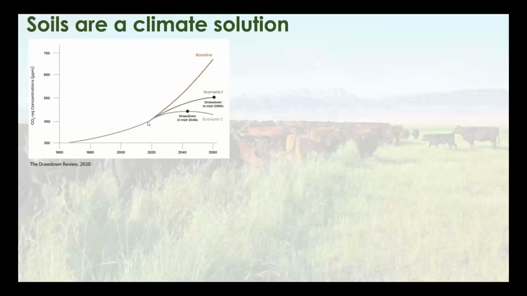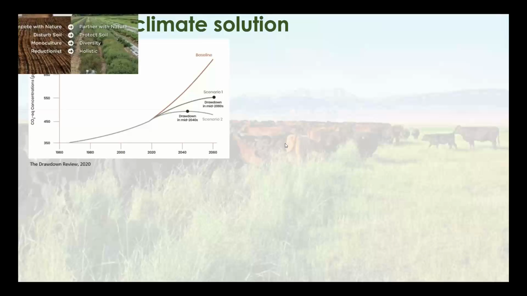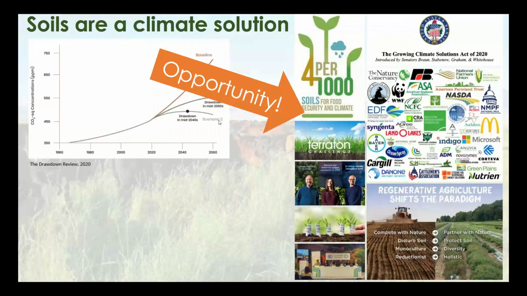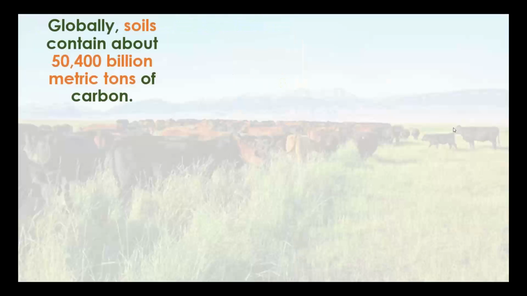If we were to continue emitting as we are currently, those emissions could nearly double by 2060, which is not too long from now. Many scenarios have been proposed for how we can reduce emissions, and they require all hands on deck. So soils have become a significant focus of not only nonprofits and governments, but also private industry in trying to incentivize ways to capture carbon in soils.